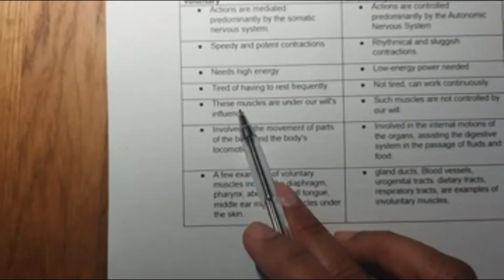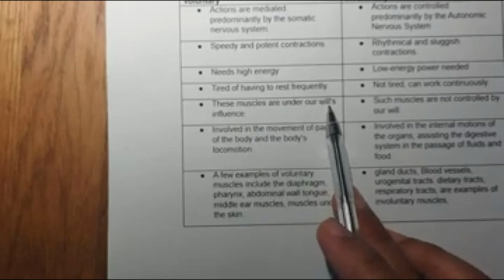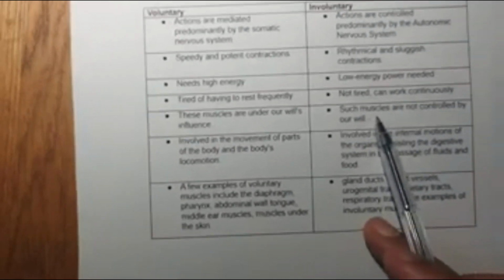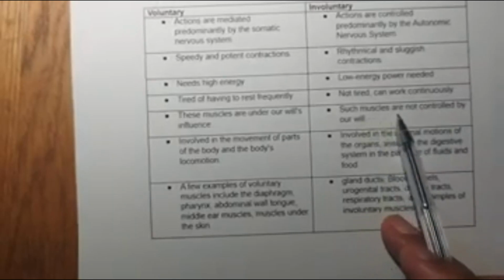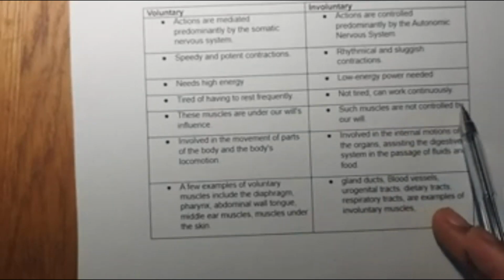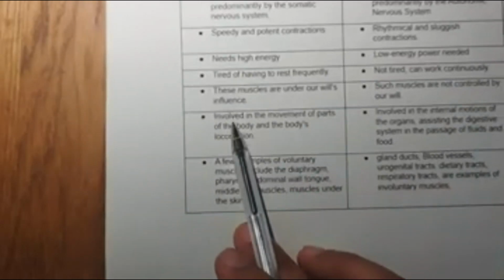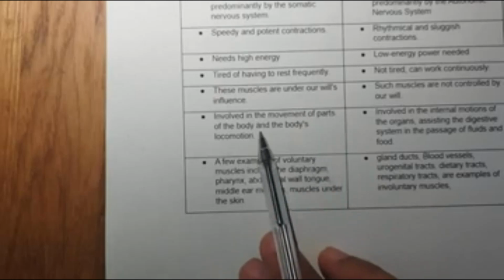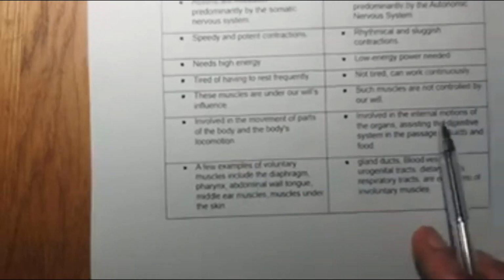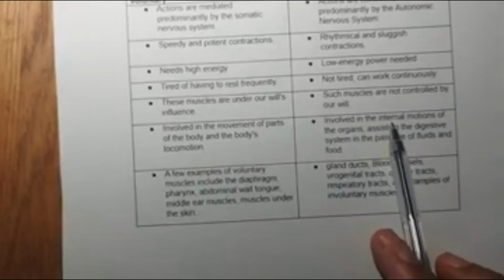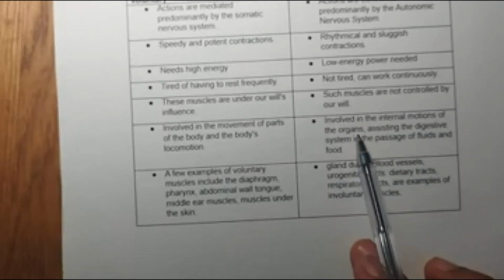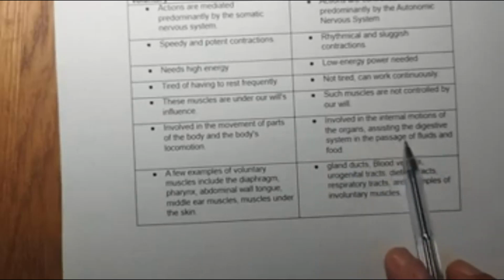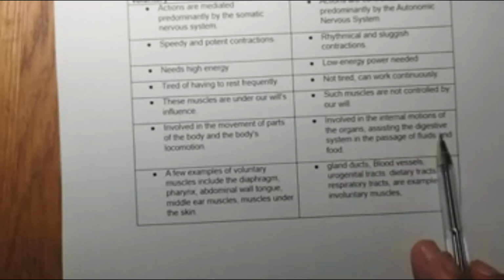Voluntary muscles are under the control of our will. We control them as per our will. Involuntary muscles are not controlled by our will. Voluntary actions are involved in movement of parts of the body and the body's locomotion. Involuntary actions involve internal motions of the organs. They assist in digestion and also the passage of fluids and food in the gastrointestinal tract.